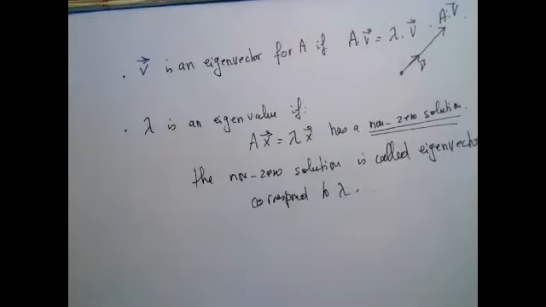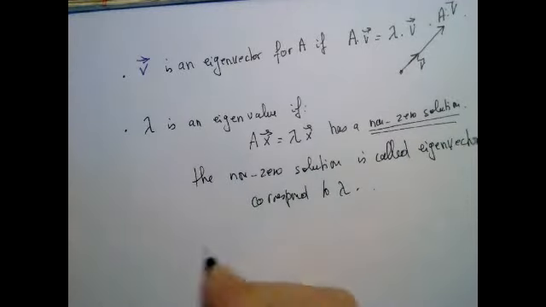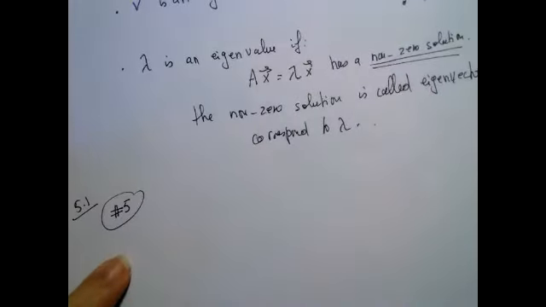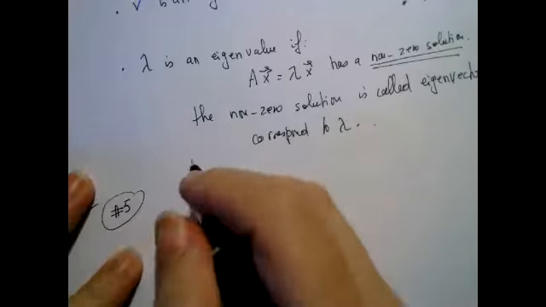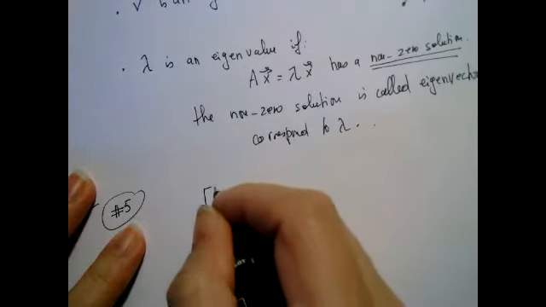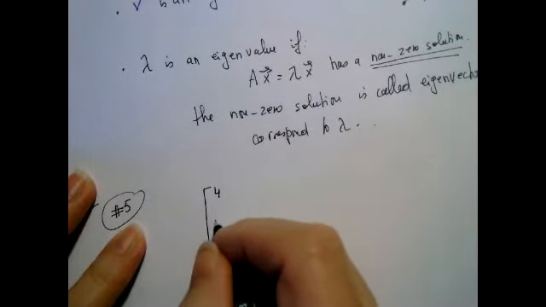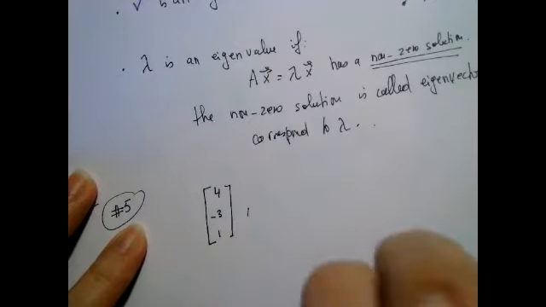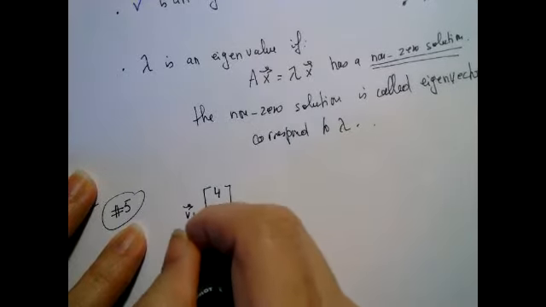Okay, so these are the two main definitions, and then I'll remind you how we find those later on when the problem comes up. So in number 5 in section 5.1, this is the question. We have a vector (5, minus 3, 1). Let me call it V, for example.